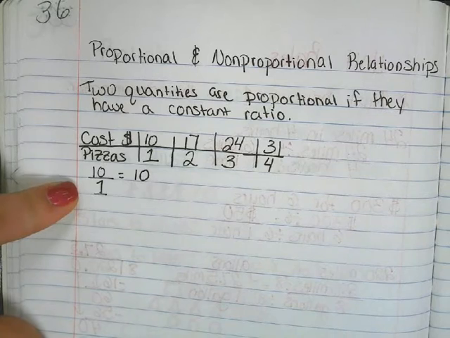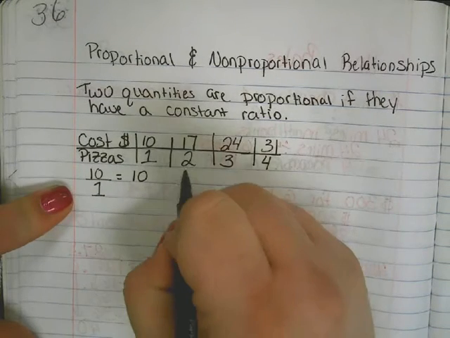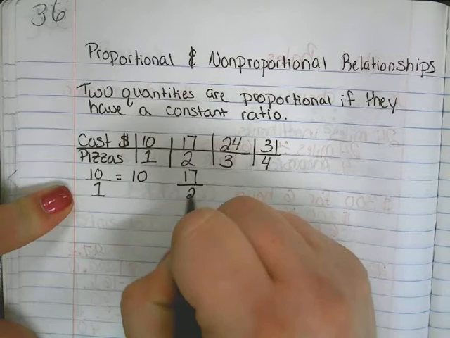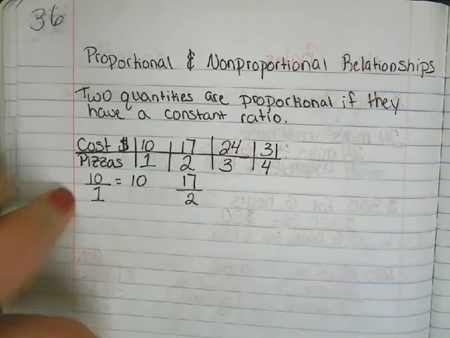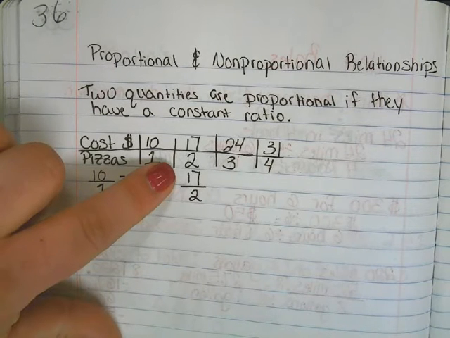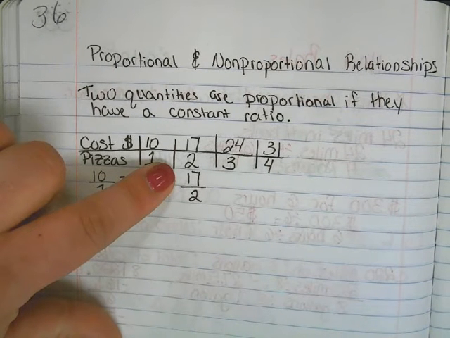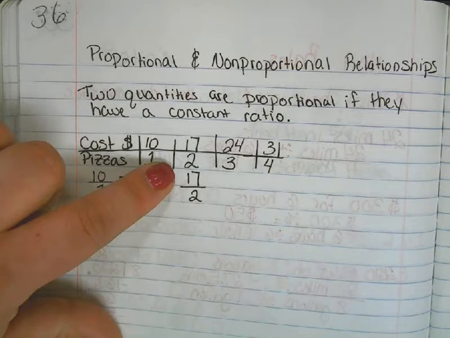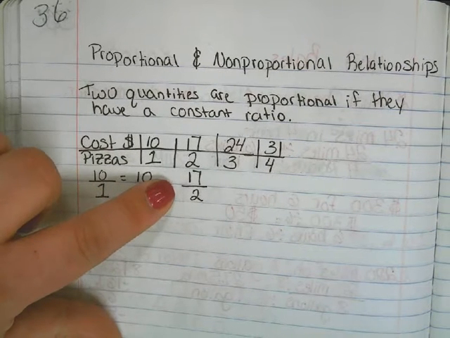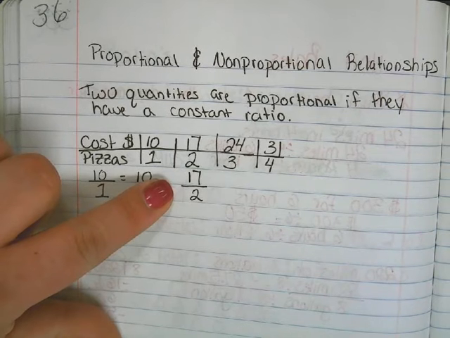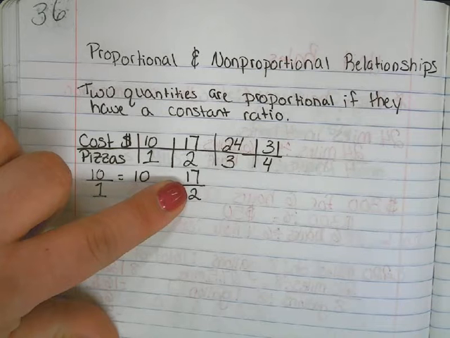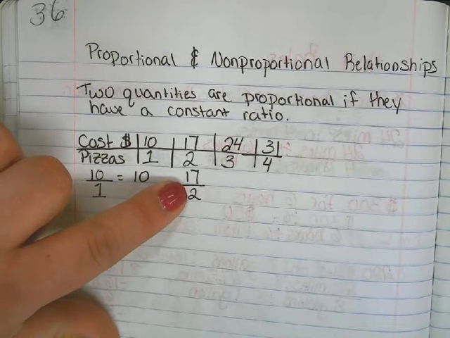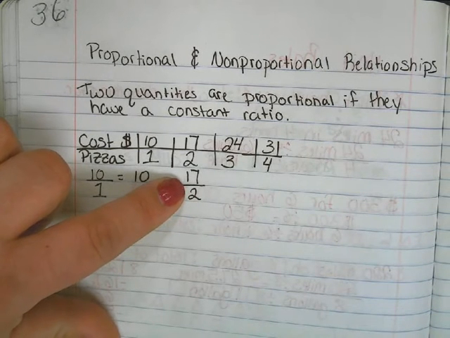Now let's do the next one. Let's do 17 over 2. If I take 17 and divide it by 2, what am I going to get? Am I going to get a whole number? No, I'm going to get a decimal, right? What number is close to 17? 16. How many times does 2 go into 16? 8.